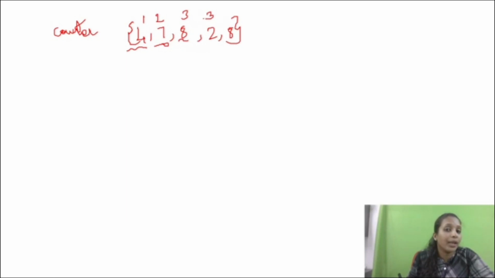The counter still remains 3, and when we traverse the last element, 8, is it greater than previous elements? No, 8 is equal to 8, so it is not considered. The counter value will still be 3, and at the end when you print the value of count, it will be 3.